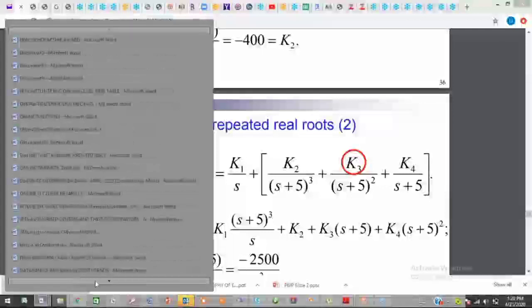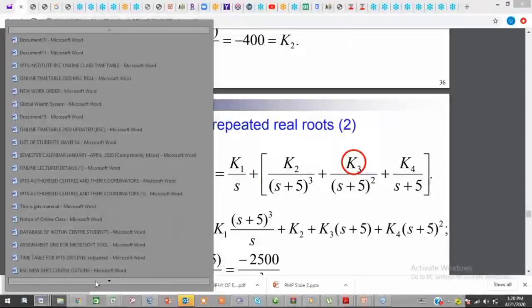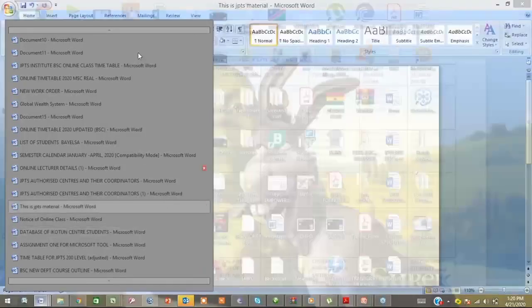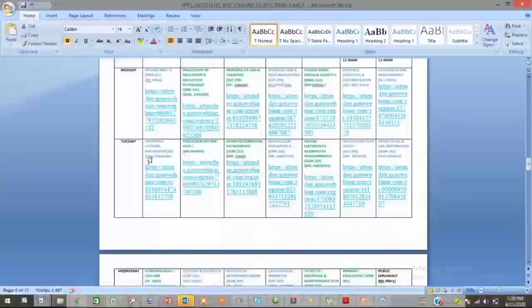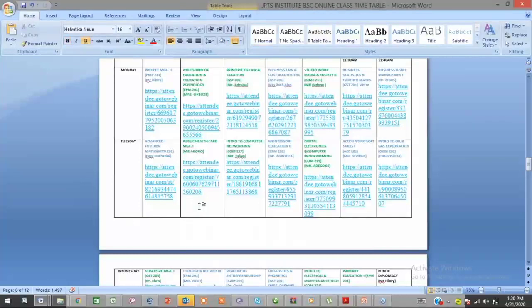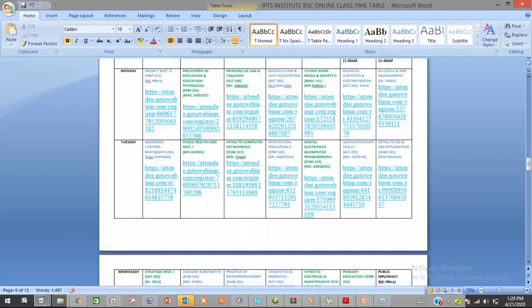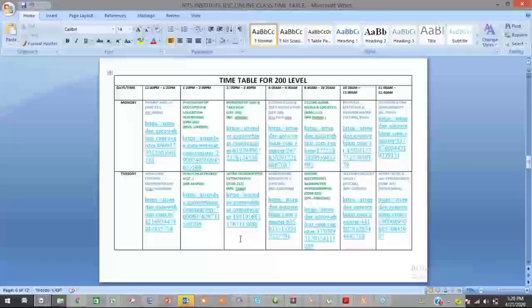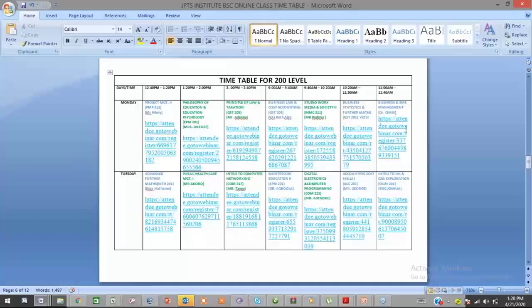F of s is equal to s raised to the power of 4 plus 13s raised to the power of 3 plus 66s raised to the power of 2 plus 200s plus 300 all over s squared plus 4s plus 20. When we go through that, this is equal to s squared plus 4s plus 10, minus 20 all over s plus 4, plus 50 all over s plus 5.